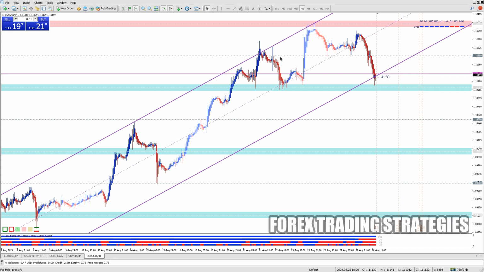Whoa, gold moves, guys. On a given day, gold can move more than 500 pips. If you manage to catch the right direction, you can quickly start growing that account, even using 0.10 lot size. I've done it before.